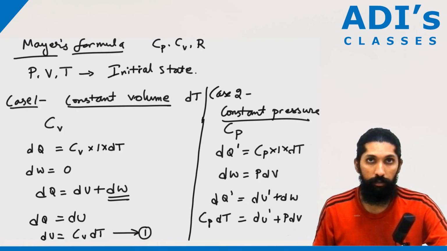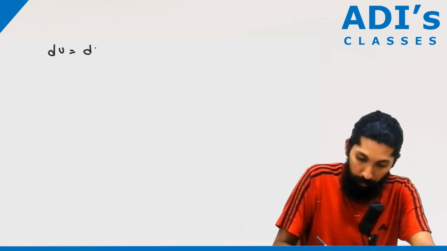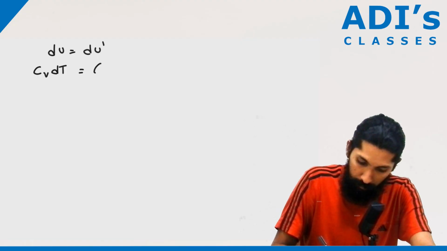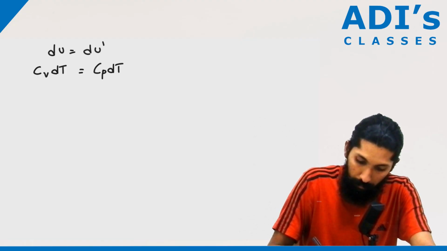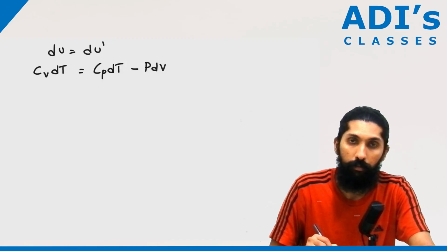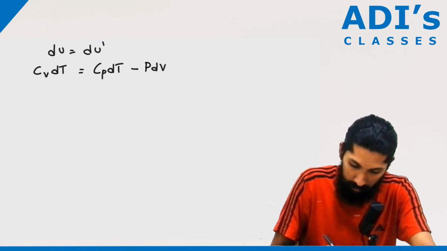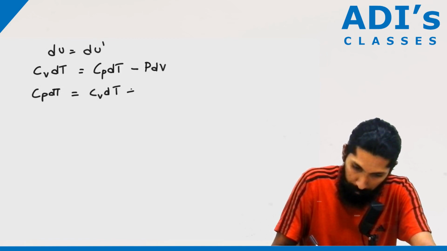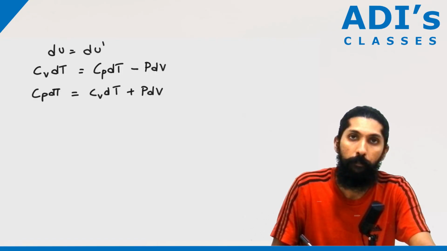So dU is equal to dU dash, and dU is Cv into dT. This is equal to Cp into dT minus P into dV. So you get Cp dT is equal to Cv dT plus P dV.